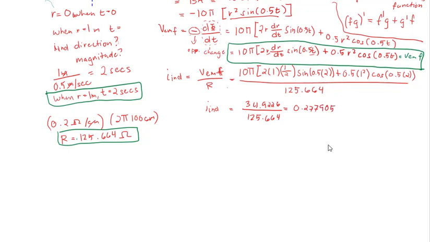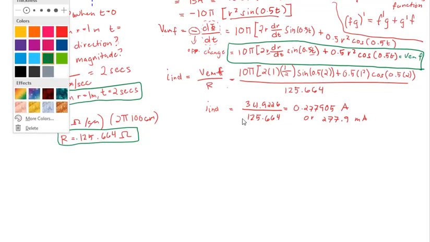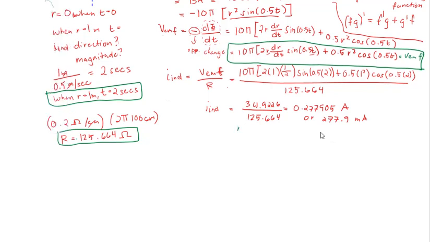And remember, that's current, so that's amps, or I could just say 277.9 milliamps. So there we have the magnitude for our I induced. Okay, let's box that.